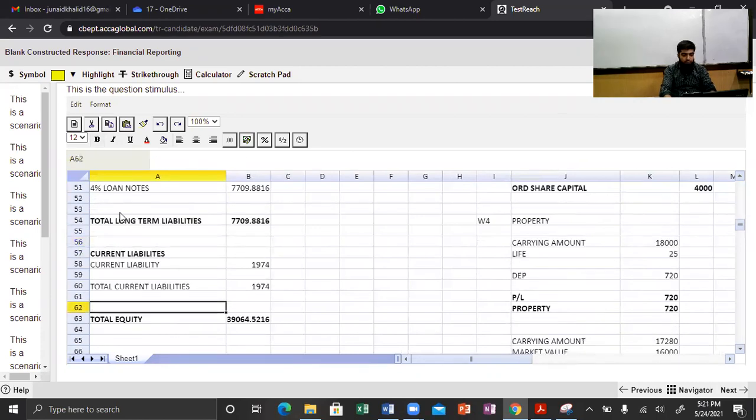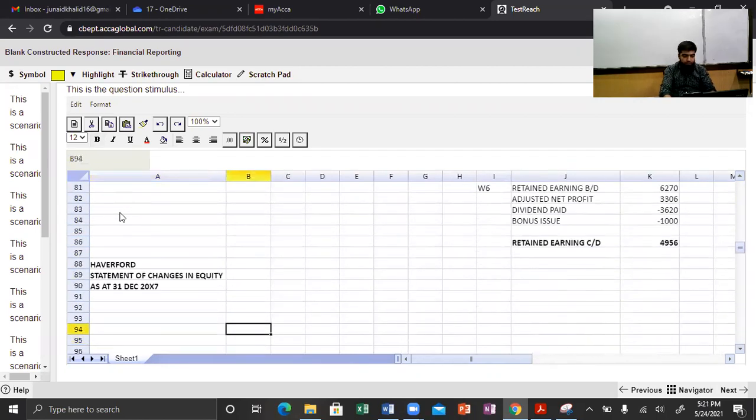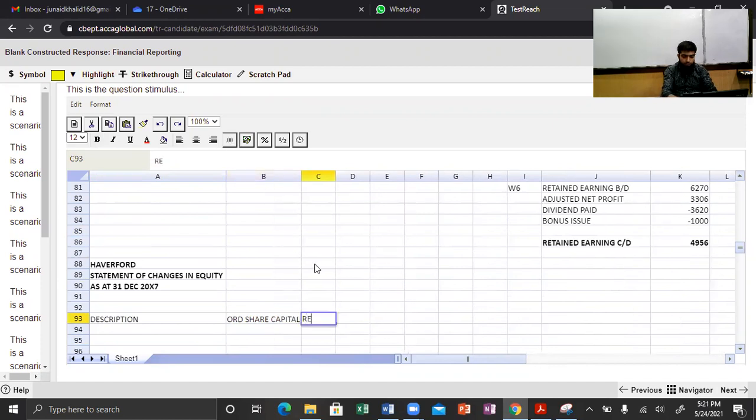So the components which we are having, first of all the description, or the columns which we have. Share capital, that is the ordinary share capital, and retained earnings, definitely.